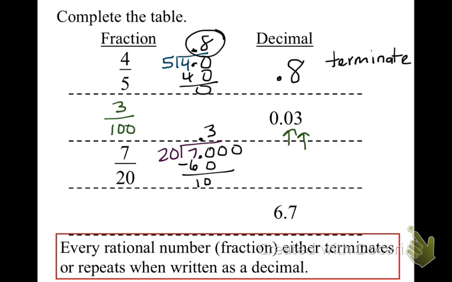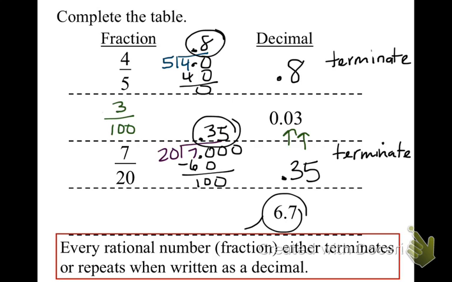Subtract that, I get 10. Bring down my 0. 20 can go into 100 5 times, so I have 0.35. Now is this terminating or repeating? It stops, so this is a terminating decimal.